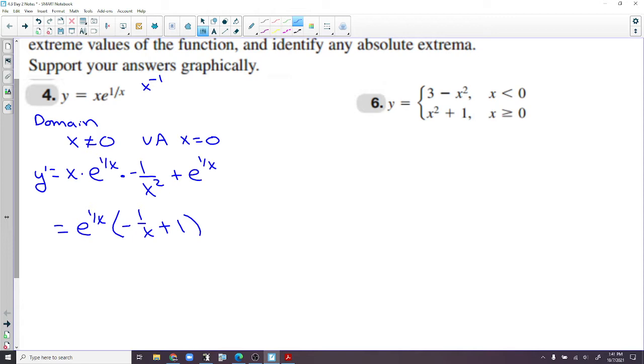Now we're going to set that equal to 0. So we want to know where negative 1 over x plus 1 is equal to 0. Because e to a power cannot be 0. That's impossible. So negative 1 over x is equal to negative 1. So cross multiply, x is equal to 1.